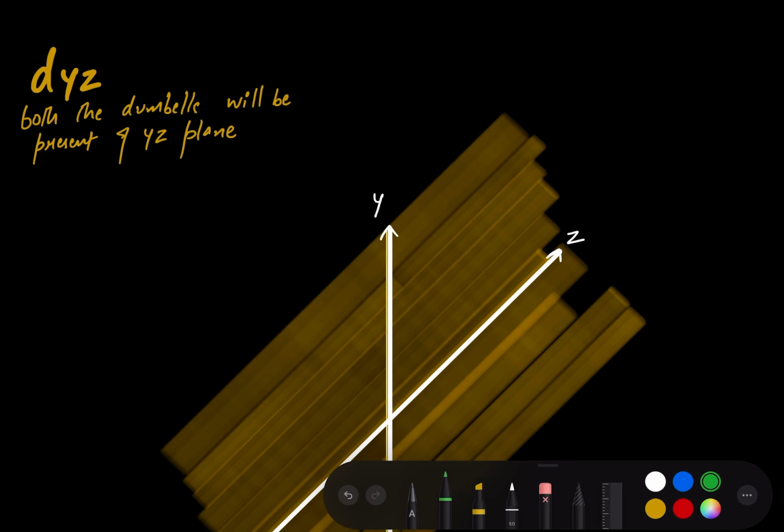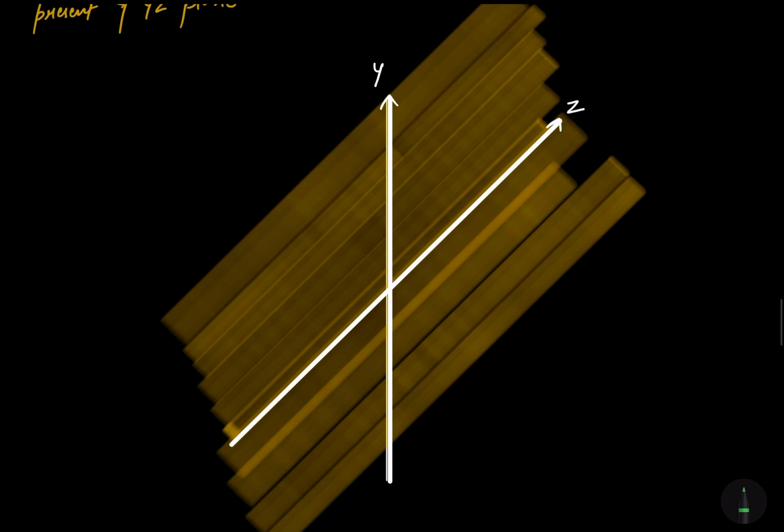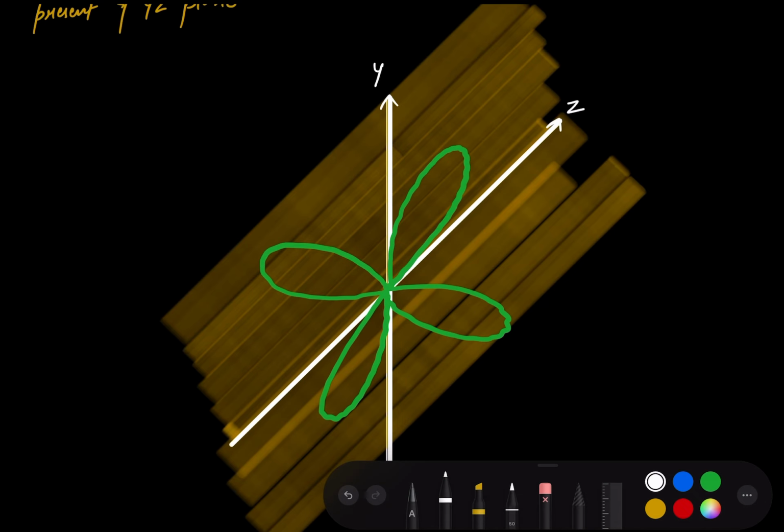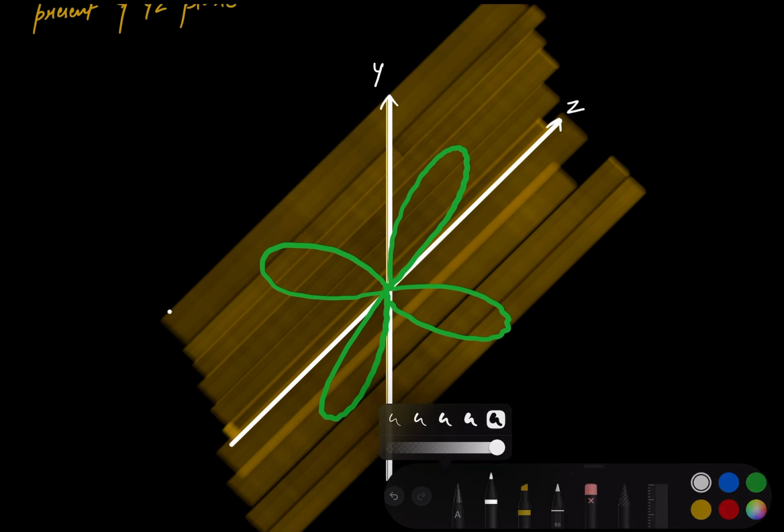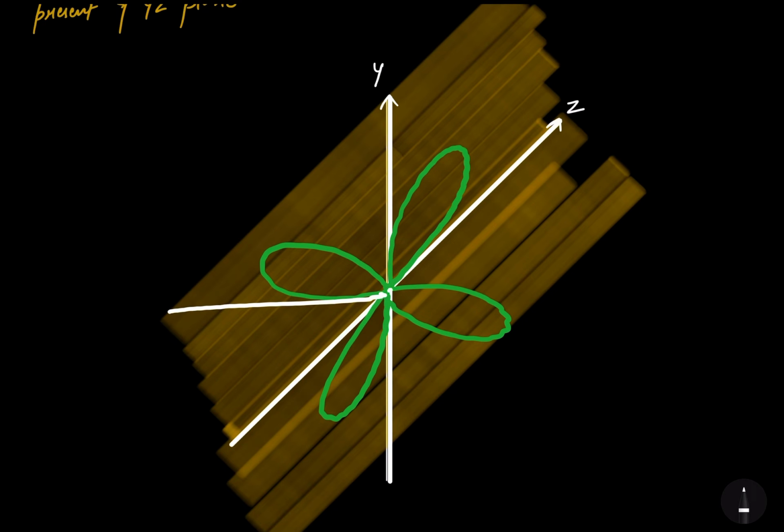Now let's draw the 2 dumbbells over here between the y and the z axis. So nucleus is at the origin. That's the first dumbbell. That's the second dumbbell. Now let's draw the x-axis. That's x-axis. Hopefully you got this diagram in 3 dimensions.